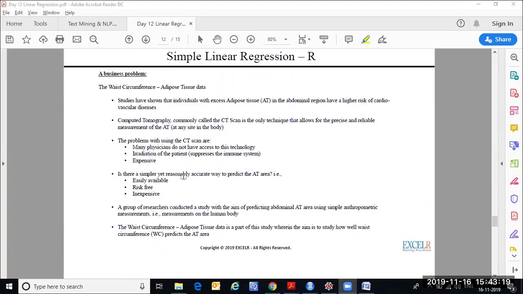Now, please go through this case study for a couple of minutes. Then we will look at the relevant data and try to build a linear regression model.